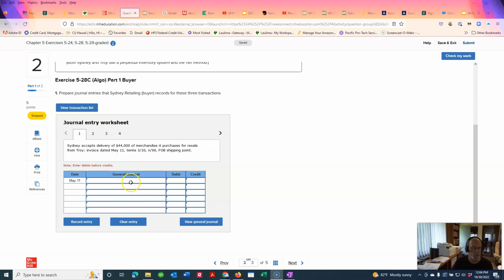And so when we record a merchandising transaction using the net method, we calculate the discount and subtract it from the amounts being recorded. So in this case, our purchase is for $44,000.